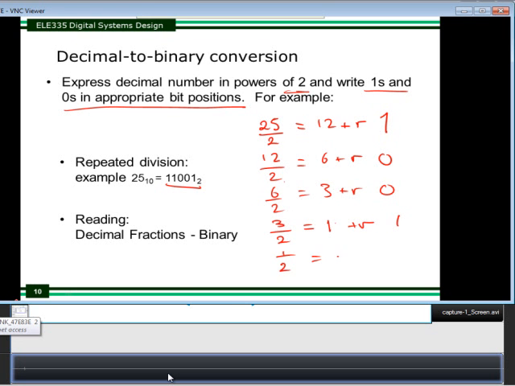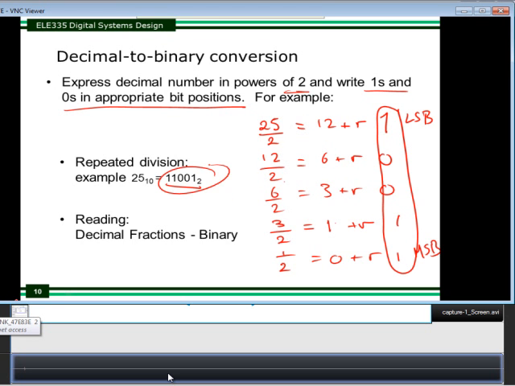Half is 0 plus remainder 1. Okay? And that's our binary conversion, least significant bit to most significant bit, by using repeated division by 2. Yes?